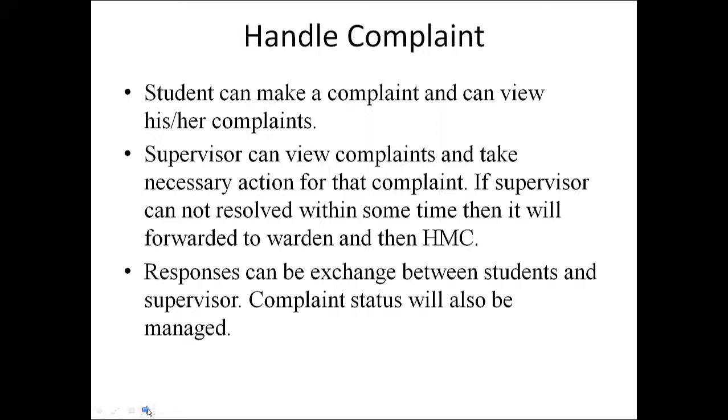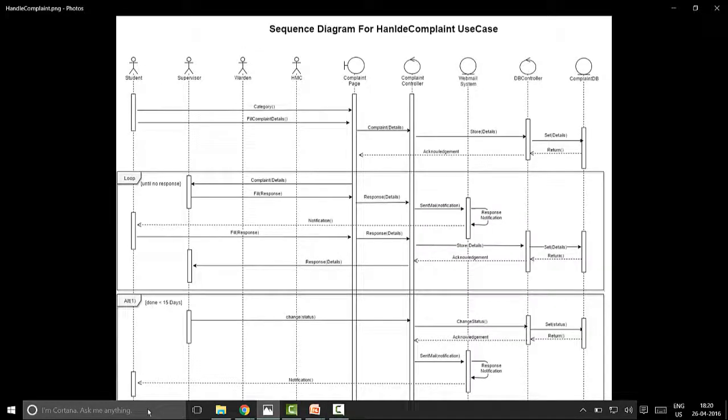There are four actors: student, supervisor, warden, and HMC. One boundary object, that is the complaint page. There are two controllers named complaint controller and DB controller, and two entity objects, the webmail system and complaint DB.